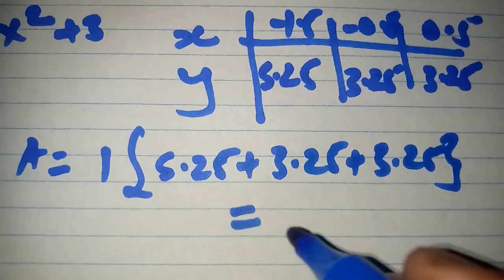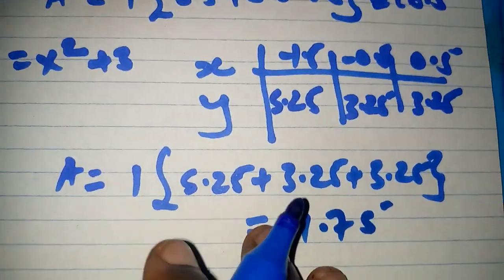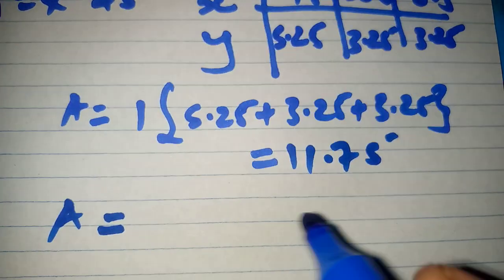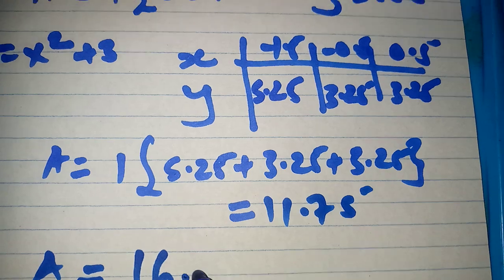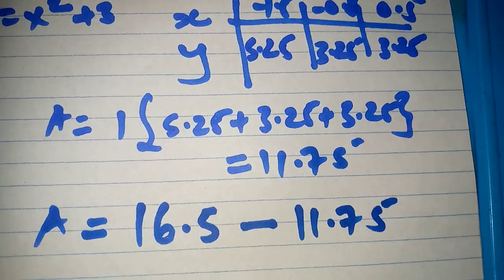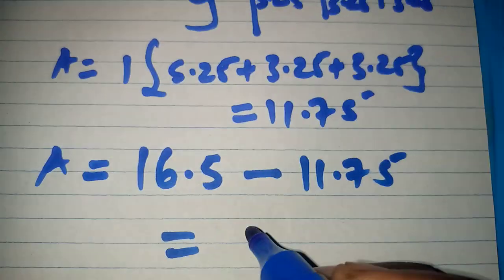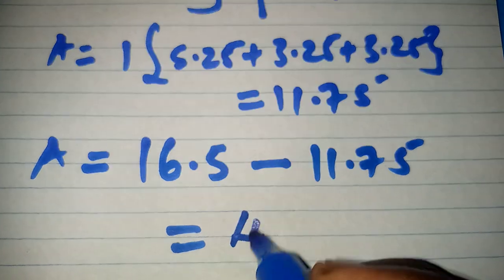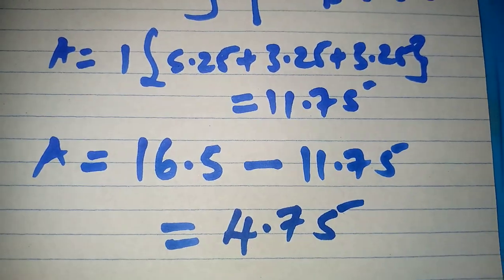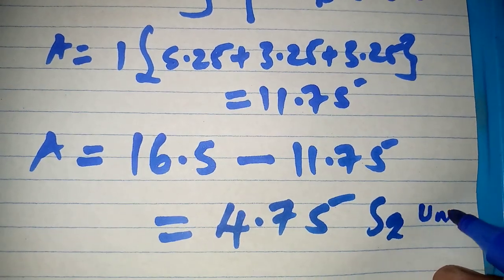Then I'm gonna have 11.75. So to get the final area, now I'm gonna subtract 16.5 minus 11.75, and of course we get our answer using the mid-ordinate rule as 4.75 square units.